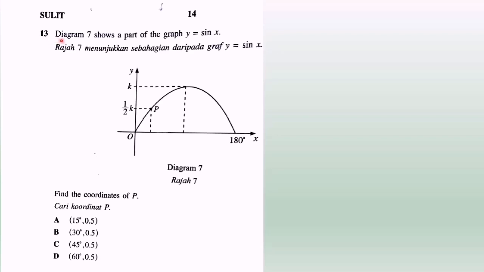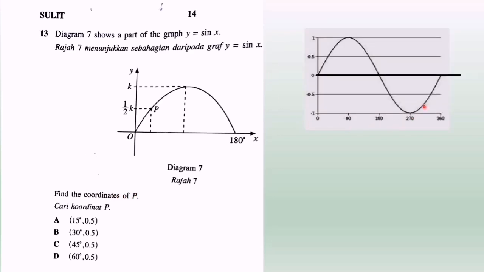Number 13. Diagram 7 shows a part of the graph y equals sine x. Find the coordinate of P. This is the graph of y equals sine x. The maximum value is 1. So k equals 1. Here, y is equals 0.5.